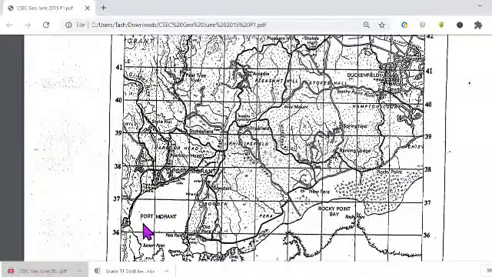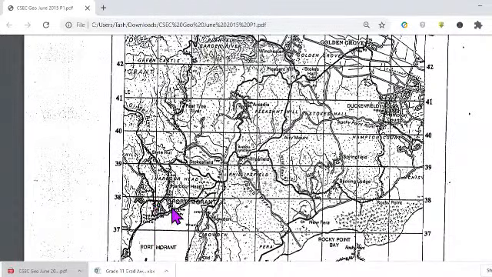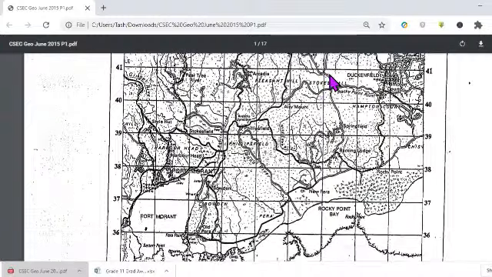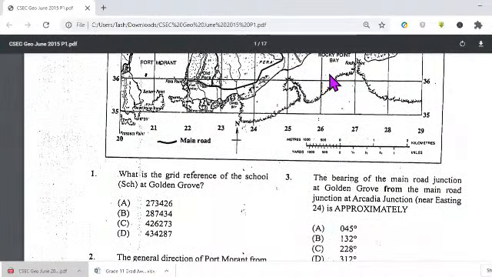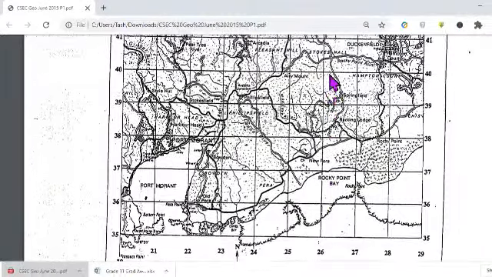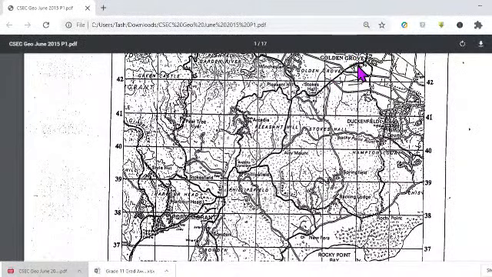So Port Morant is down here, and the general direction, Golden Grove, is up at the top. So it says Port Morant from Golden Grove. So it means our starting point is at Golden Grove, which is here. Wherever your starting point is, that is where you would draw your north-south line.